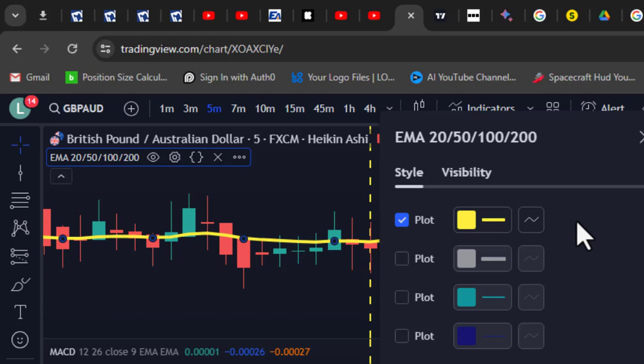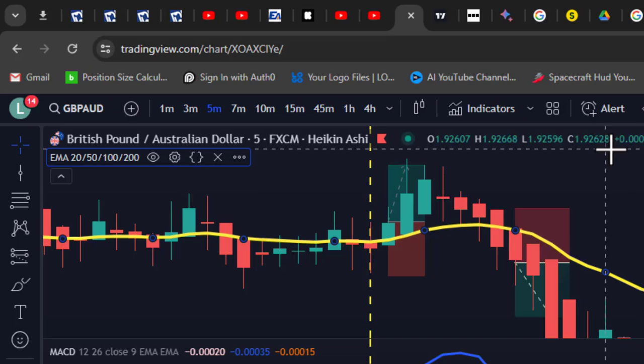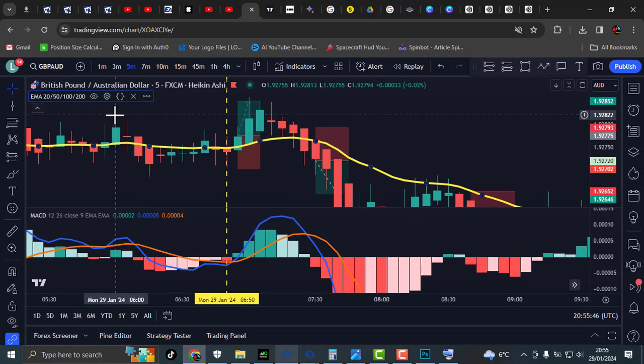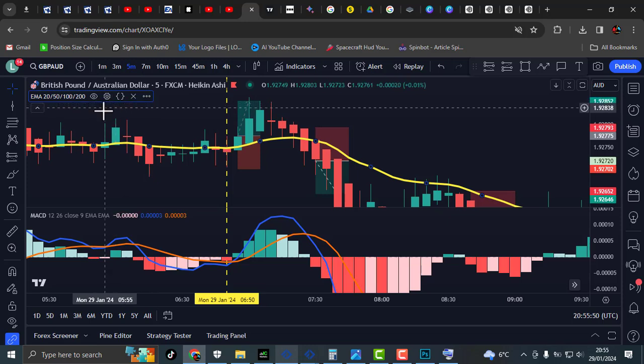You could try 50, but 20 is really nice for us, especially during one session, to give us enough trades to take.